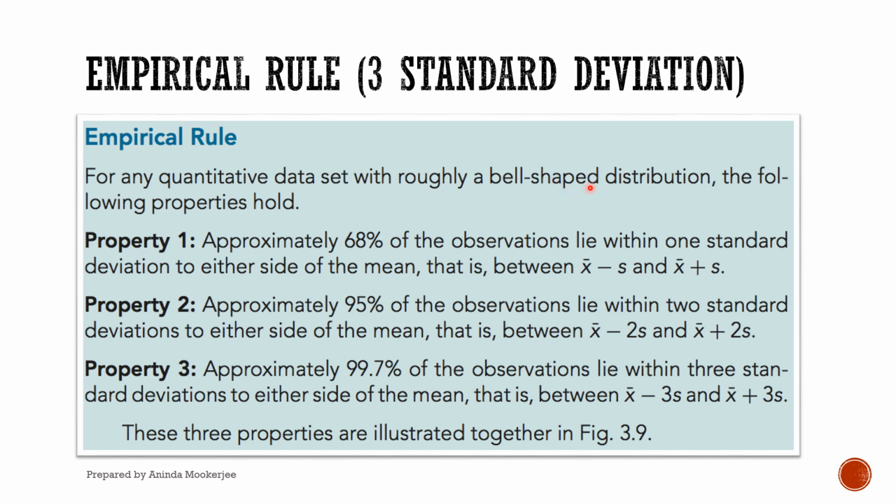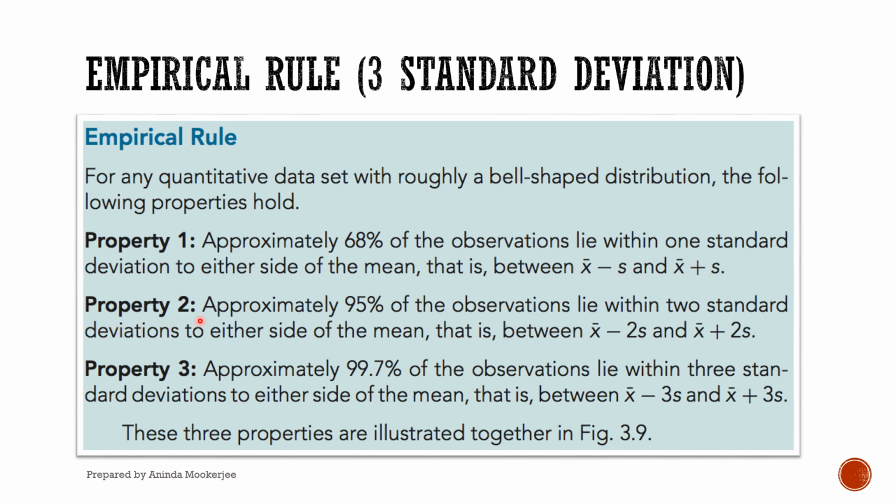A bell-shaped distribution is a symmetric distribution. The following properties hold. Number one, approximately 68% of the observations lie within one standard deviation to either side of the mean, that is between x bar minus s and x bar plus s.